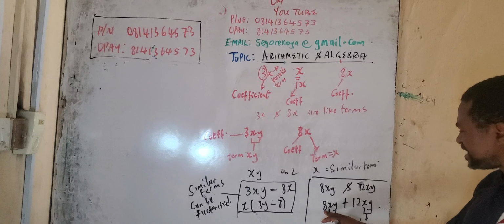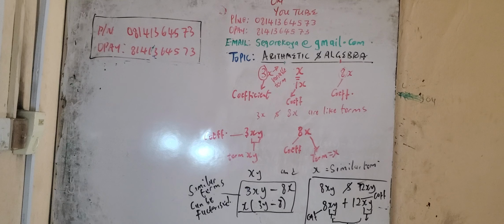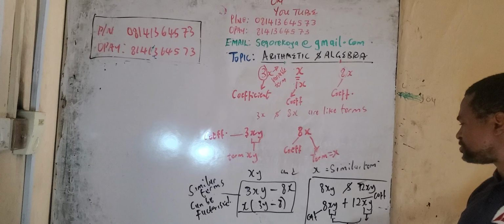The coefficient I have here is 8. The coefficient I have here is 12. So these like terms too can be factorized. What is present in common is xy. So I can put xy out. What I have left will be 8 plus 12, and 8 plus 12 gives us 20. So the total thing will be 20 times xy, which is 20xy.